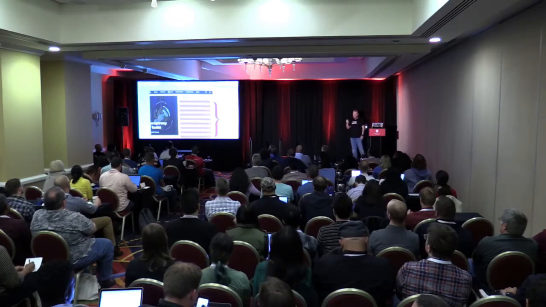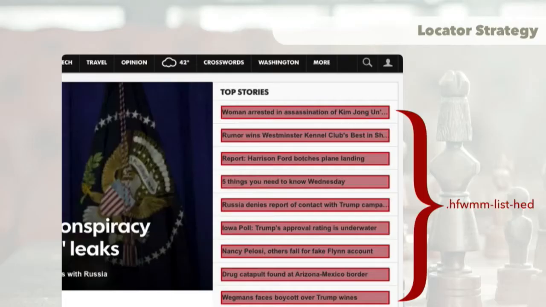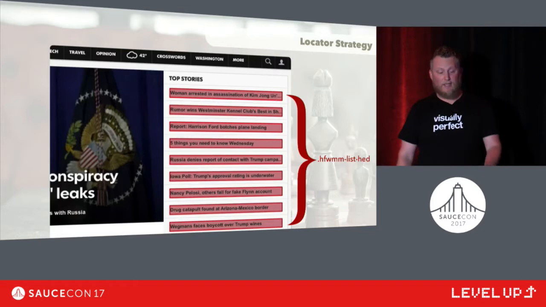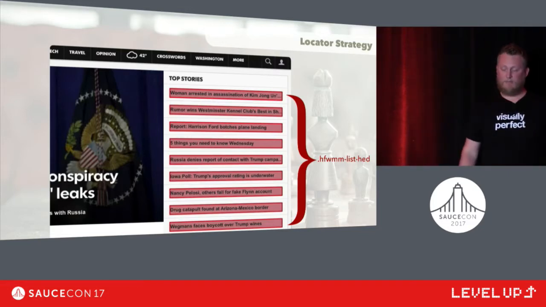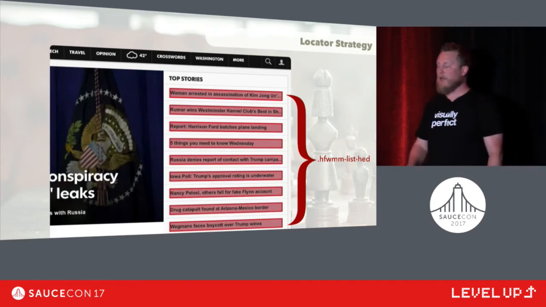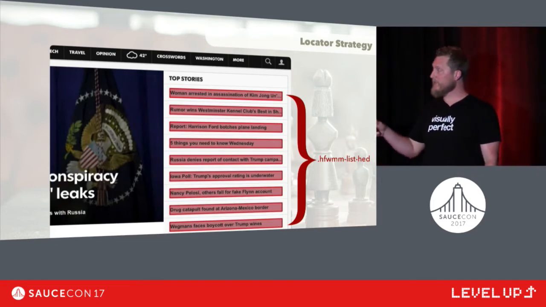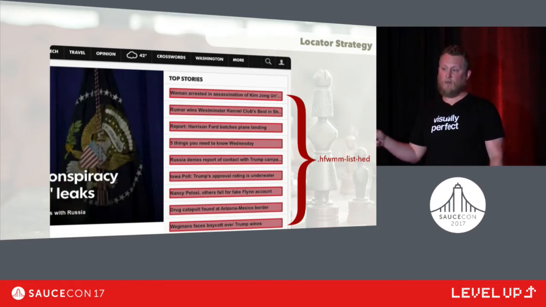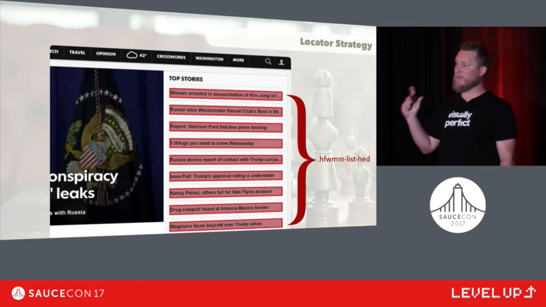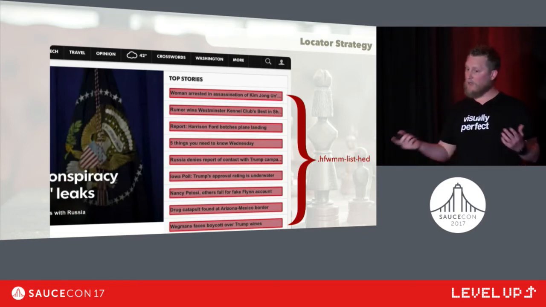Here's an example if you go to USA Today and the top stories. Terrible CSS selector name, but those 10 stories right there are using the same class name. This is not bad, it just depends what your strategy is to test this. For us, we need to make sure that 10 top story articles appear with some type of content in here, and that's good enough for us.